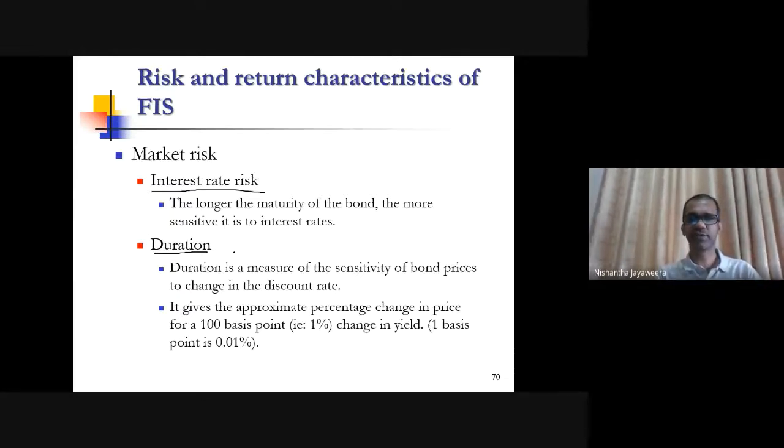So today we are going to discuss how we calculate duration and how we interpret it. How do we use it to predict future values of a particular bond or a bond portfolio? That would be the focus today.